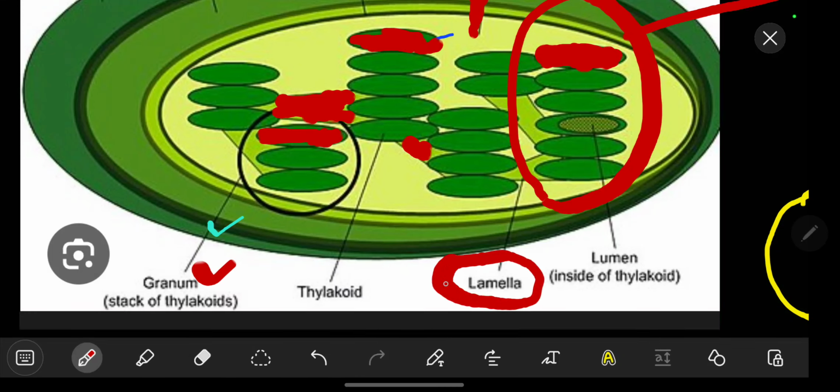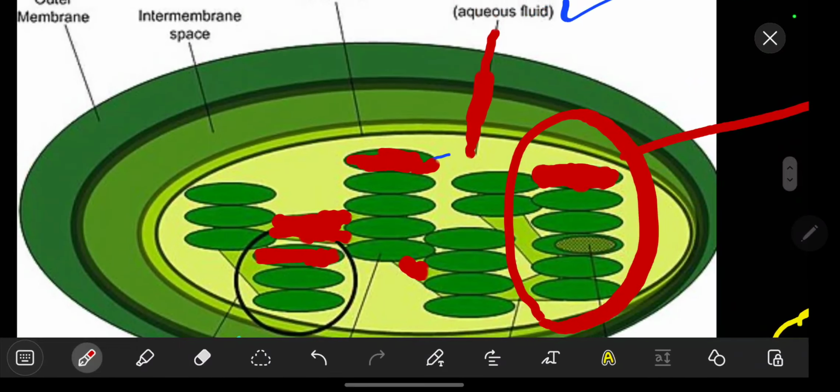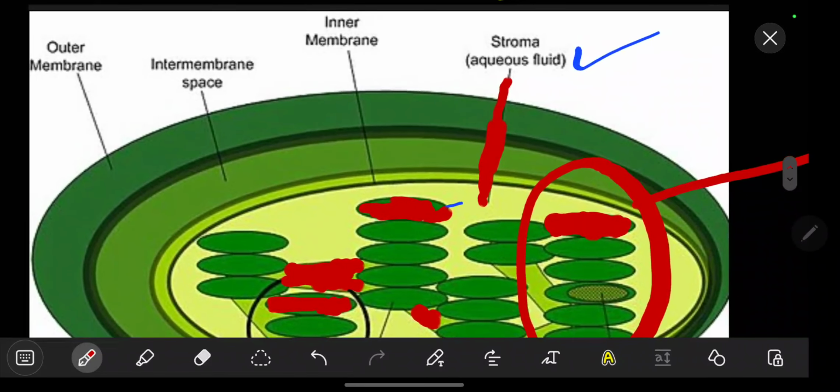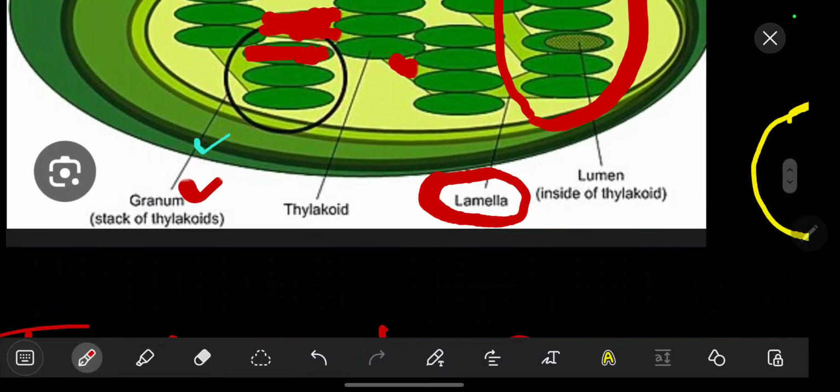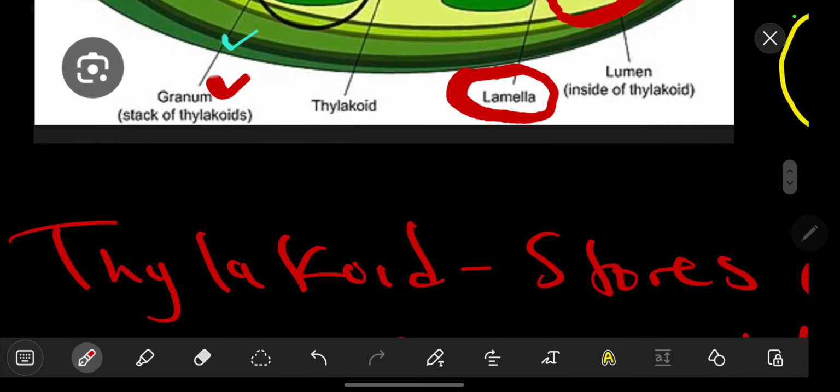The lamella's function is to act as a bridge between two granum. Remember, granum is a stack of thylakoid like that. So this is the general structure, the important parts. We have the inner membrane, we have the outer membrane like that. So this is our structure of our chloroplast.